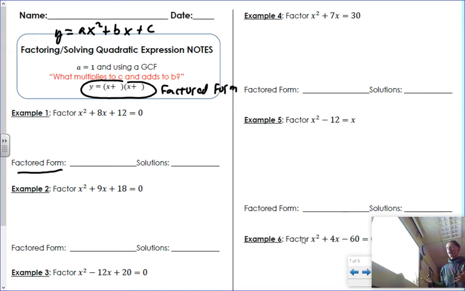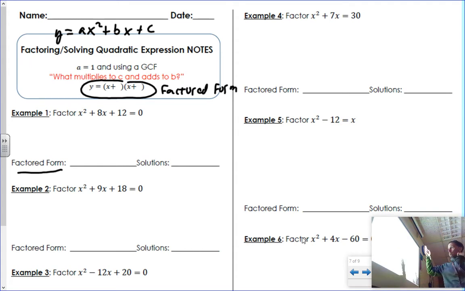But then we're also going to find the solutions. Remember, other words for solutions: x-intercepts, roots, or zeros. We're going to do that at the same time because it's just one extra step. Okay, so we're going to jump in here and see what happens.